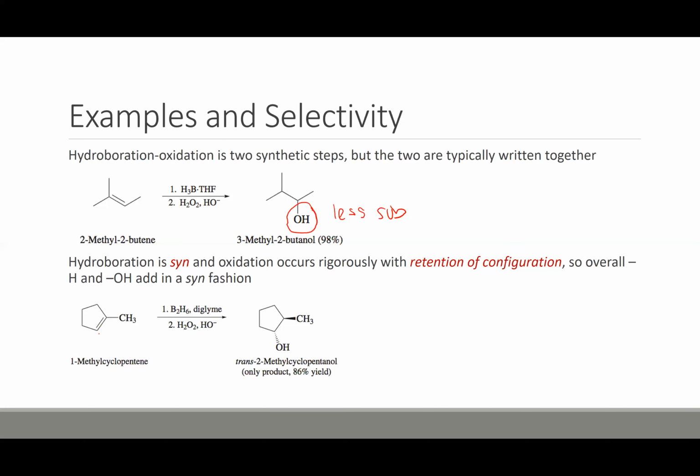Here's our double bond, and we're going to open that double bond up. Now, notice the OH goes on the less substituted position here, and our hydrogen is not shown, but it's down here. Notice it is also down because the OH and the hydrogen that were added are syn. They get added on the same side and away from where the methyl group was.